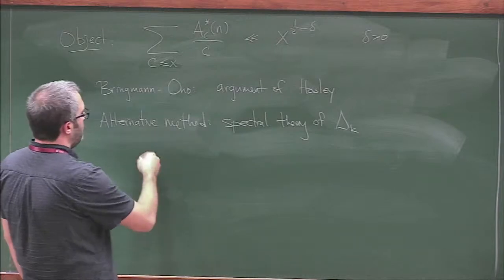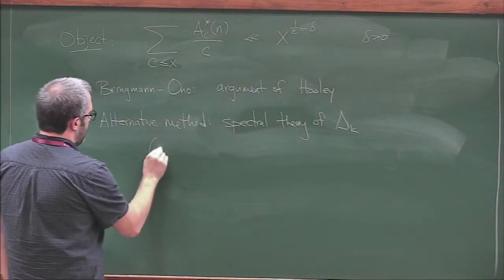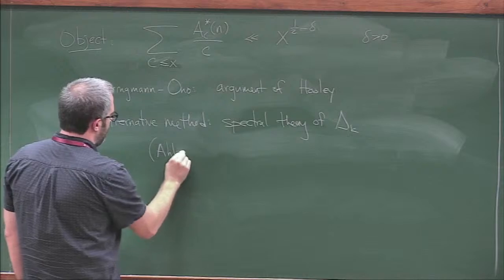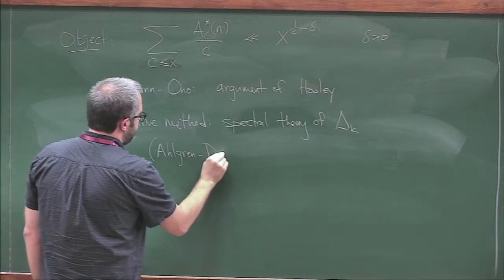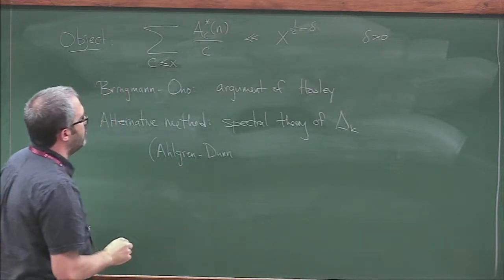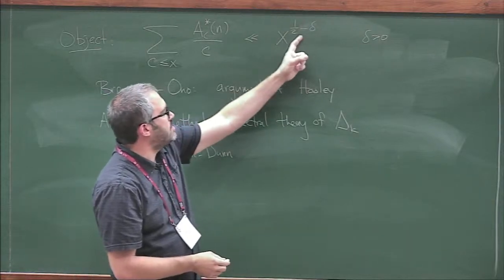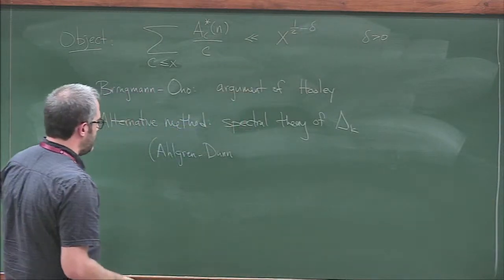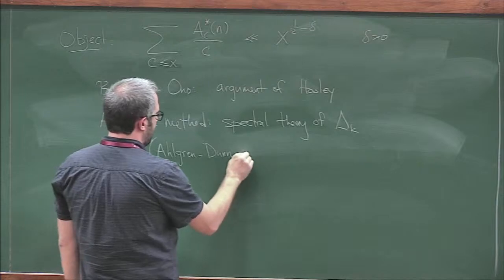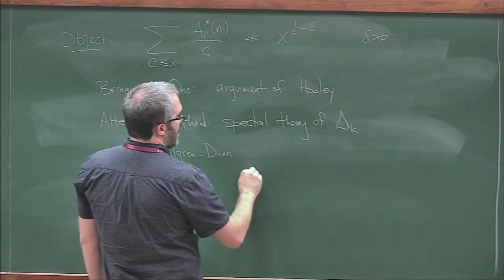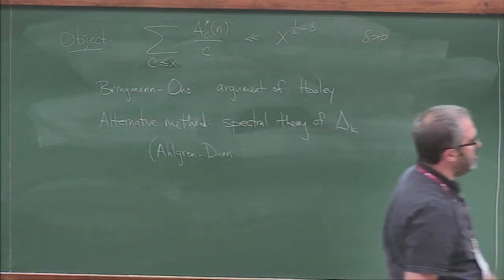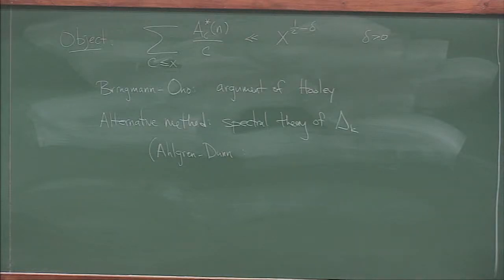However, if you do carry this out, there's a theorem of Ahlgren and Dunn, which they do get an explicit power saving estimate here. That's quite strong, and they actually use that to prove that, well, let me call this formula star.